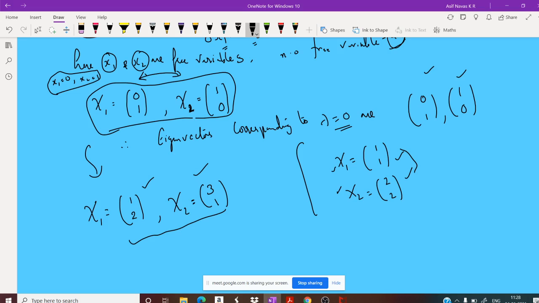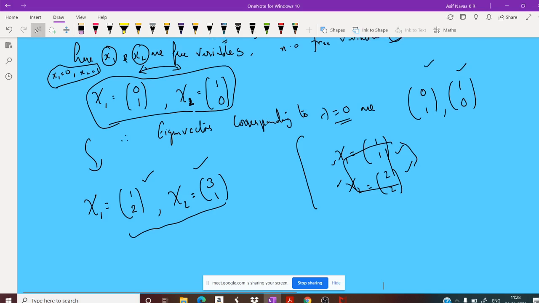So what we have to do is choose free variables in such a way that the eigenvectors are linearly independent. If you have two free variables, you can choose eigenvectors in such a way that there are two linearly independent eigenvectors.